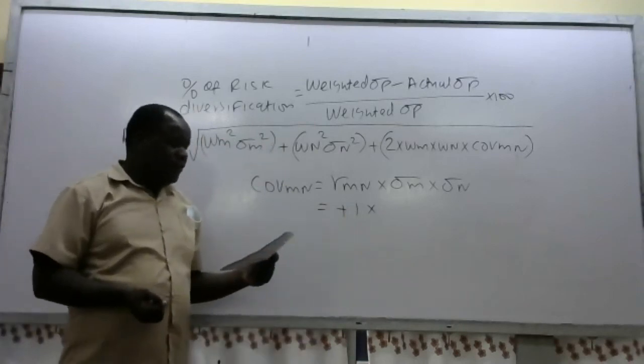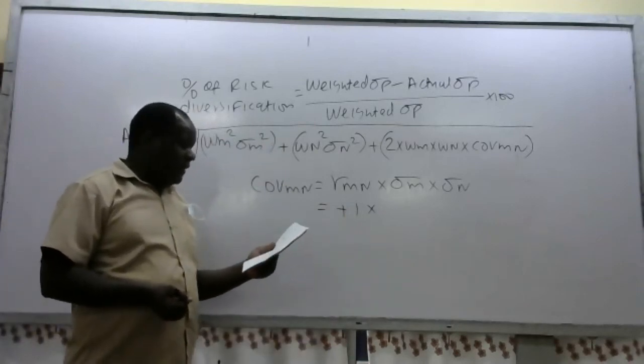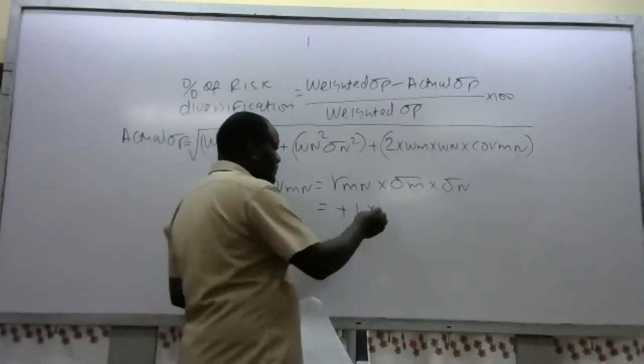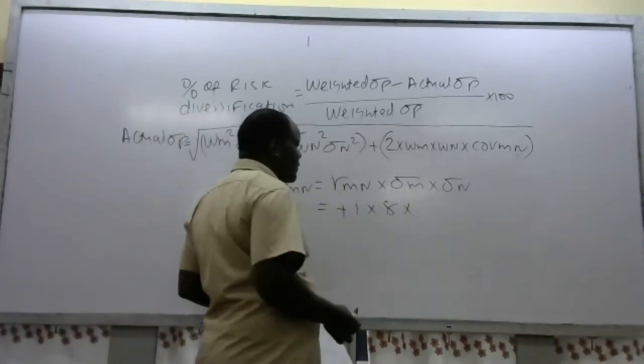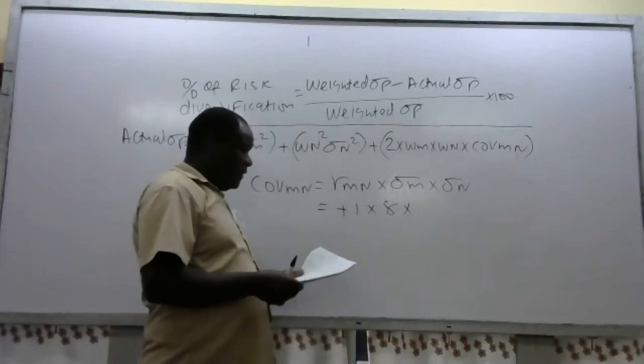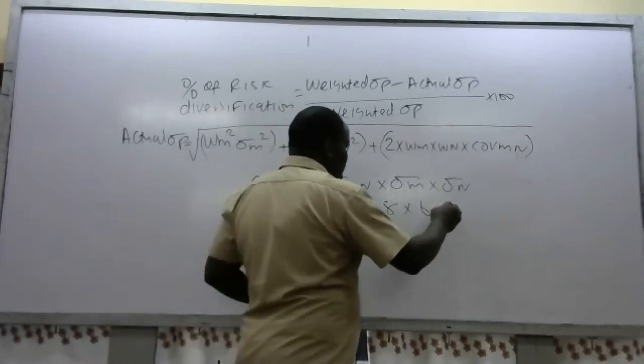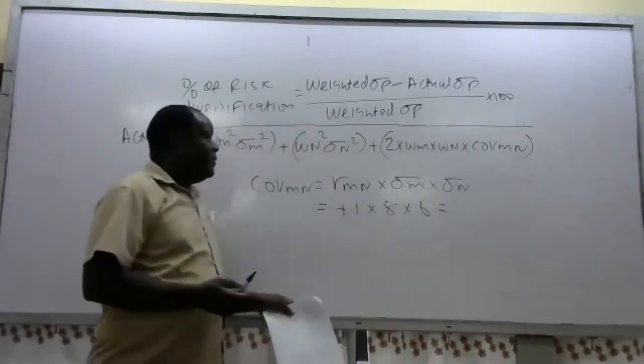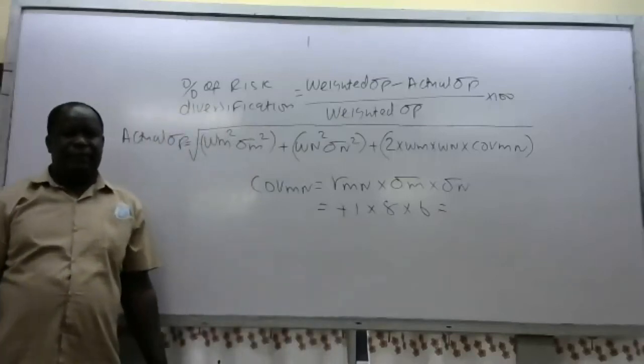Then the standard deviation for M has been given as 8. The standard deviation for N has been given as 6. So you compute those values.